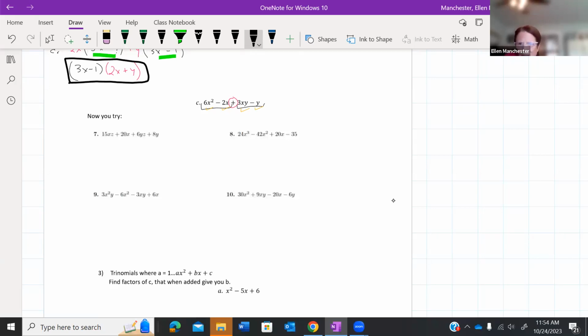Okay, and then Anissa, number 7. Perfect, good. And then Anwar, perfect. Mia, number 9. Okay, let's see. So there's something wrong with that x minus 2x. It might be a variable. So go back to that first set of parentheses, because if you did FOIL on that, you'd end up with 3x squared.